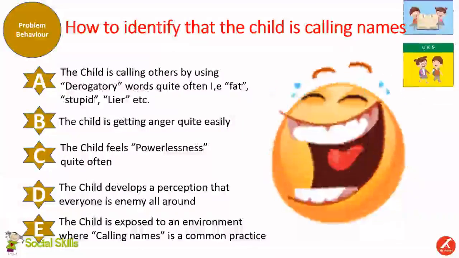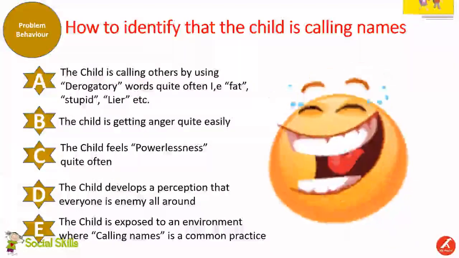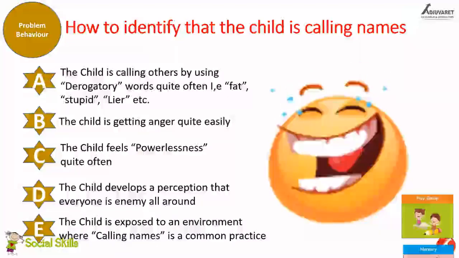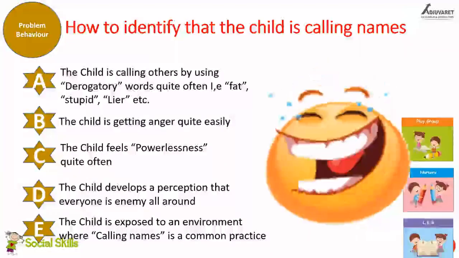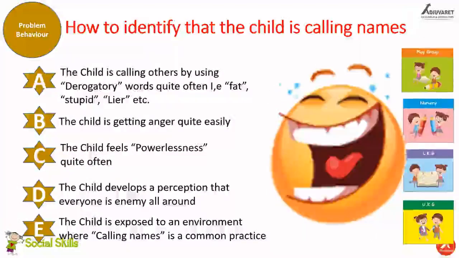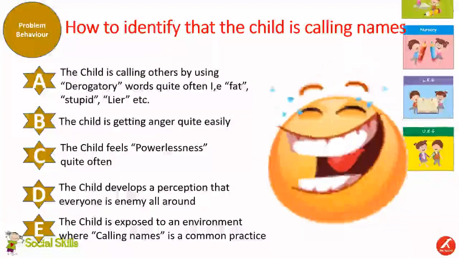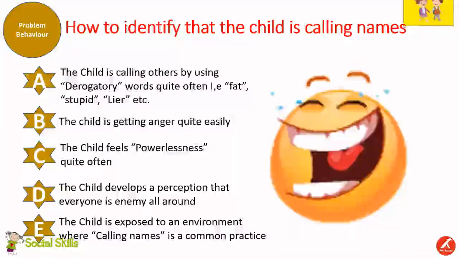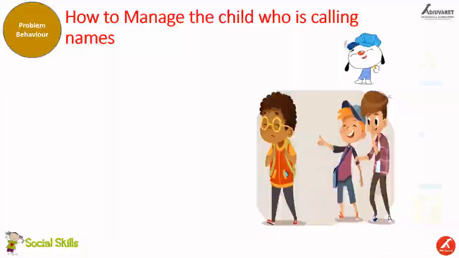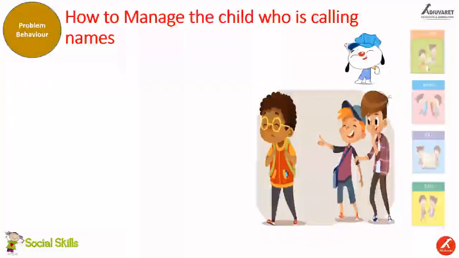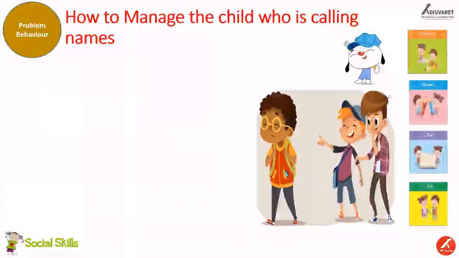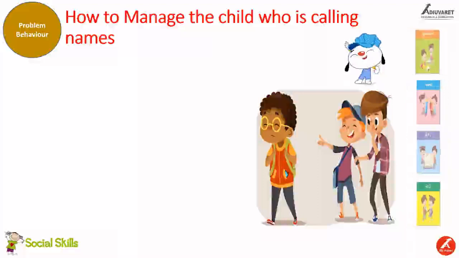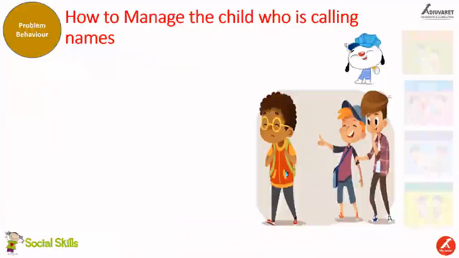So these are the few things we must keep in mind when we are having our monitoring system, giving attention to and understanding a child's behavioral pattern, before the child gets into the behavior of calling others by name. Then we need some strategy for how to handle such a situation.